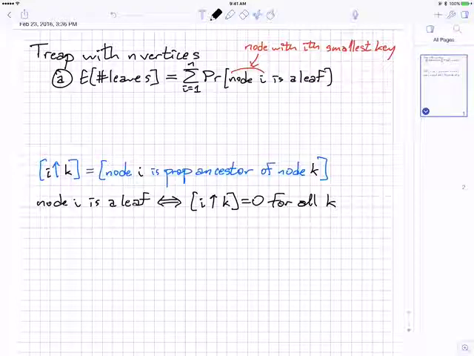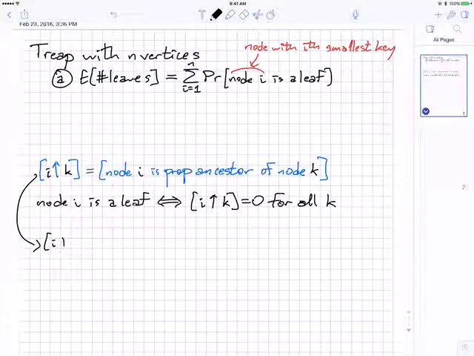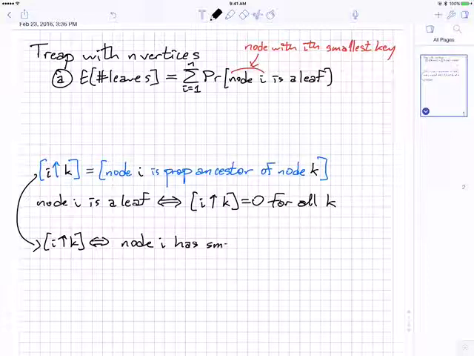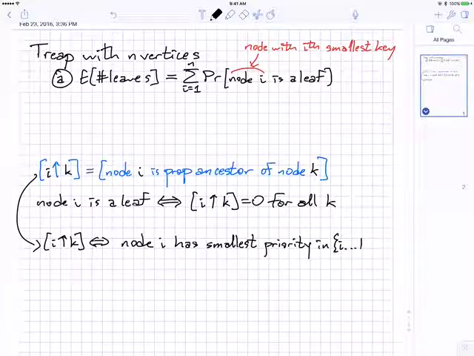And at this point, I might be able to do some sort of union bound thing, but I think it's actually better to step back and remember there was this other characterization of the probability that I is an ancestor of K: I is an ancestor of K if and only if node I has the smallest priority among all the nodes between I and K.